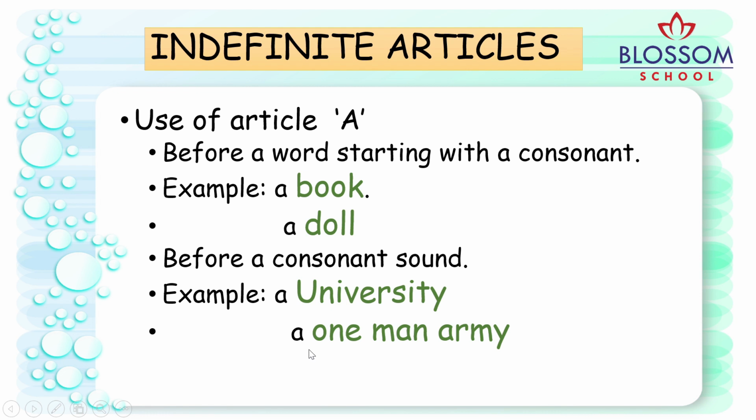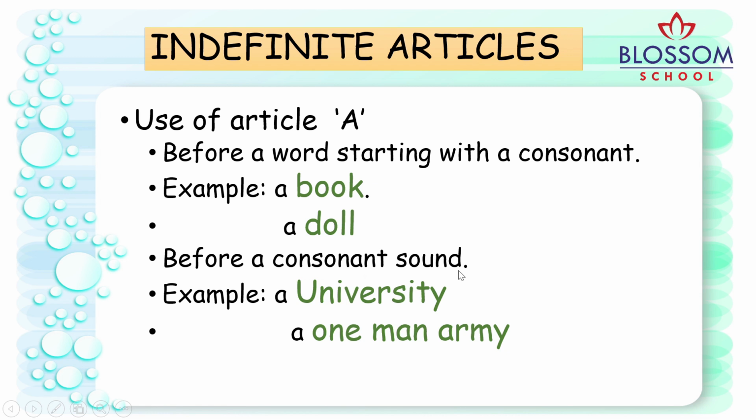Another example is a one-man army. We get the sound of W, and W is also a consonant. Therefore, we use the article A before a word that either starts with a consonant or that has a consonant sound.